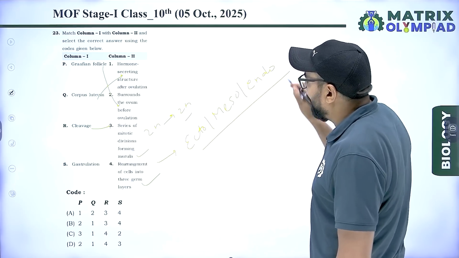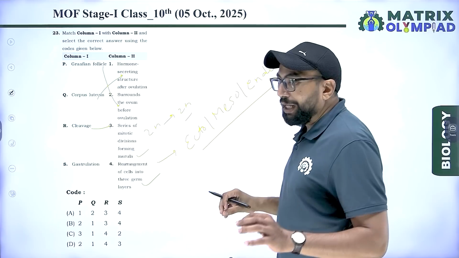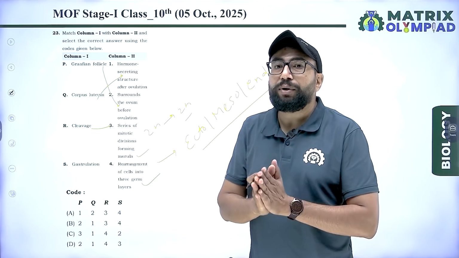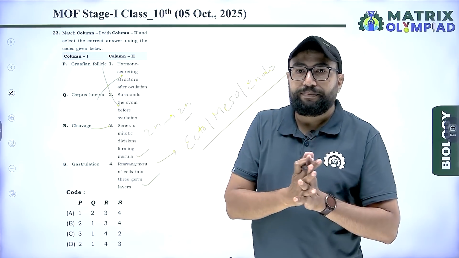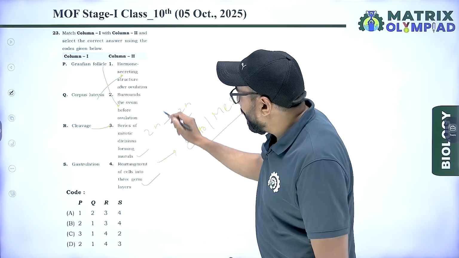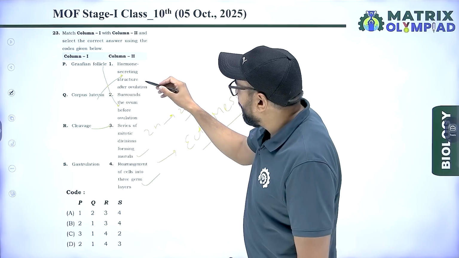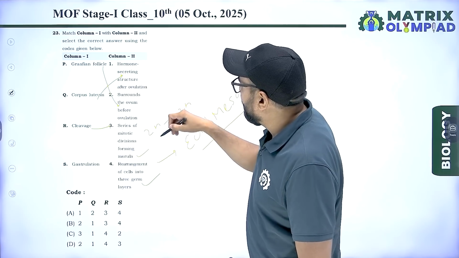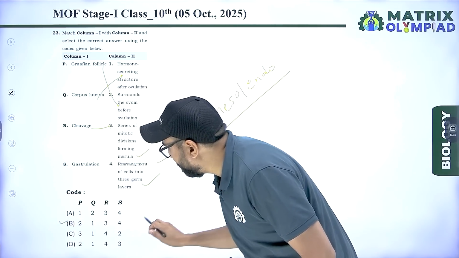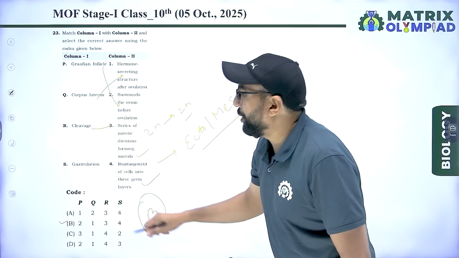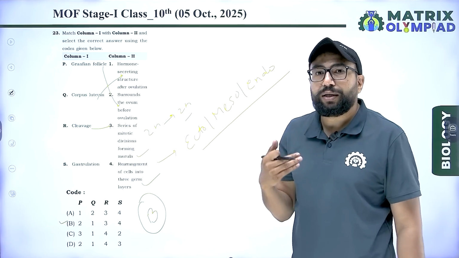These three layers develop the embryo and form many organs for the organism. According to this match, 2, 1, 3, 4, which is option B. Option B is correct for this.